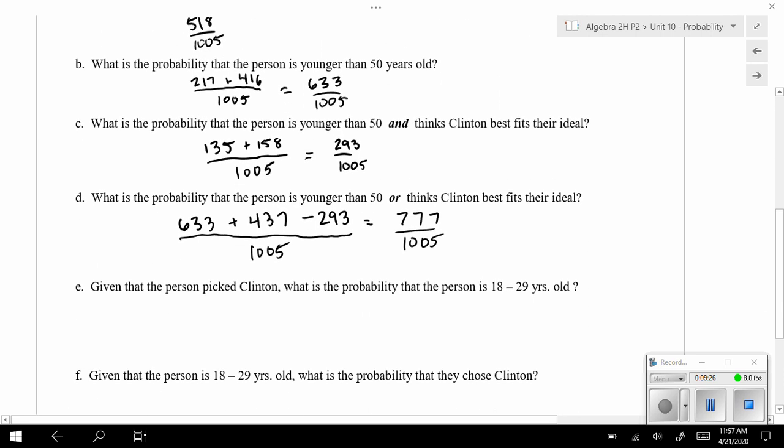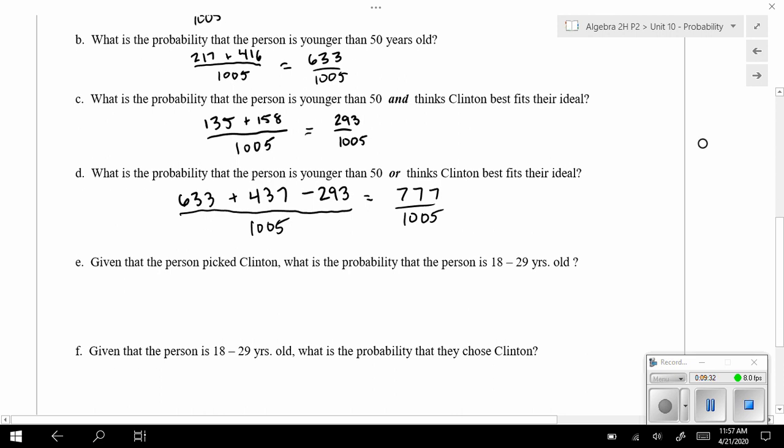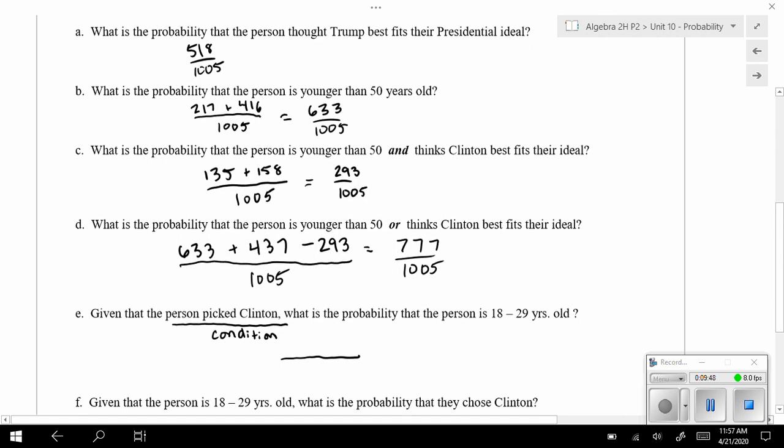All right, so now we're getting into these conditional. So anytime you see given, that's a key, that's a dead giveaway that this is a conditional probability. So the condition for this one is given that the person picked Clinton. So that's our condition. So that's our denominator. All right, so our denominator is how many people picked Clinton.